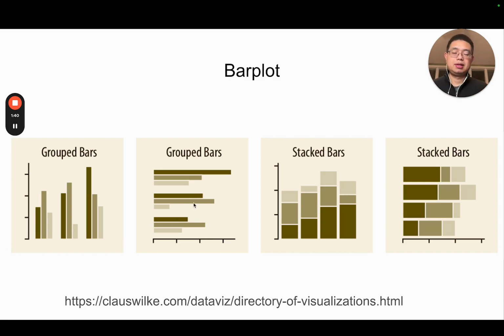Of course, you can rotate it 90 degrees and you still get the grouped bar plots. And this is the stacked bar plot. This is very commonly used to look at the composition of cell types in each sample, for example, in a single cell RNA-seq paper.